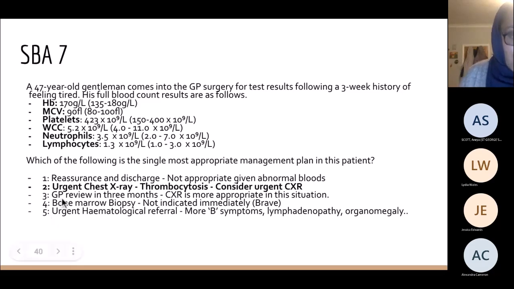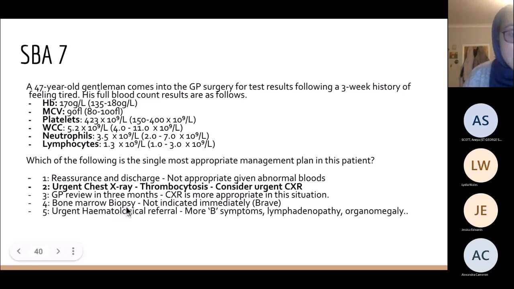Number 3 is wrong because I understand that practically it's only raised by a very small amount and seems really minor, but if you're being strict in terms of what the guideline says, he technically does warrant an urgent chest X-ray.